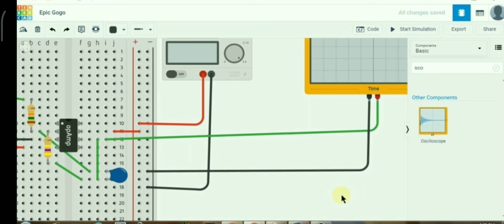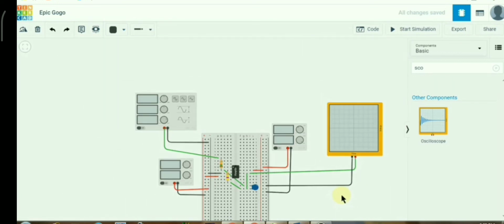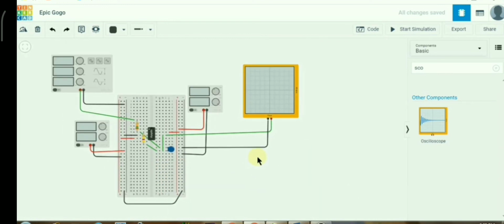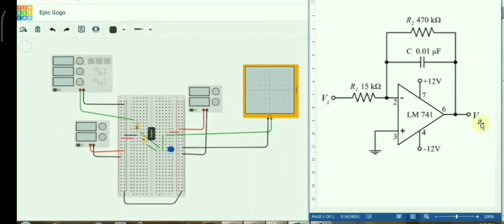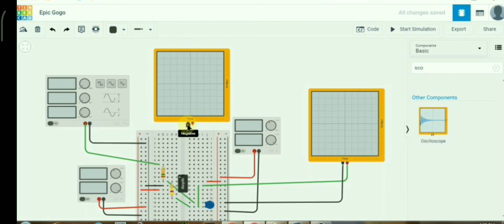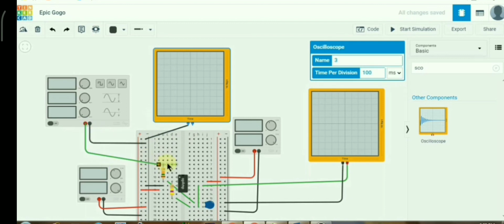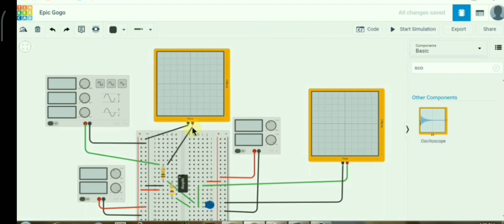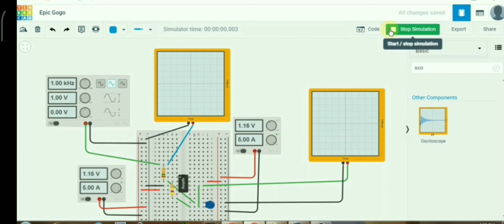Now select the second scope for input, which is connected to the input terminal, common ground, and function generator positive and the scope positive both are connected to the same line to the pin number 2 of operational amplifier via resistor.